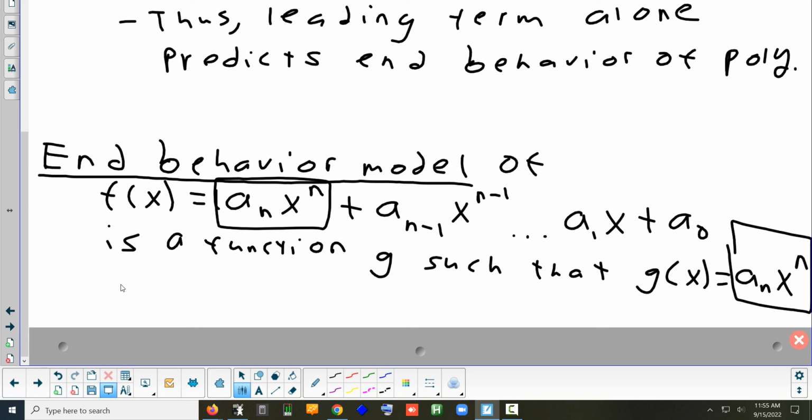Well, we're going to finish up by doing a graph, and then we'll graph the EBM and see if they look the same. All these other terms don't make a difference. It's just extra. If all you want is the big picture of what it looks like, look at the leading term, and that alone will tell you what it looks like.